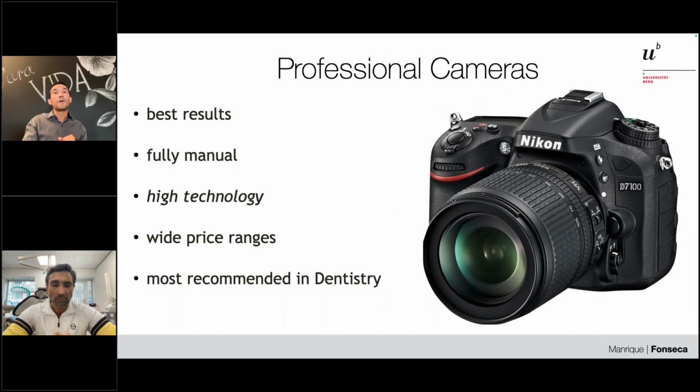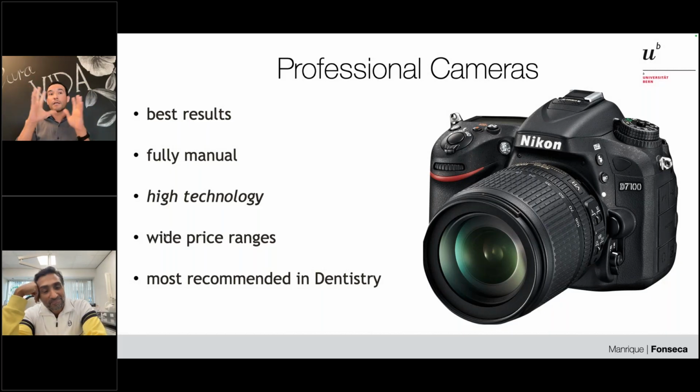The best ones are professional cameras. And there we have a wide range of models with different prices. You can have simple ones from around $500 up to the professional ones, the most expensive ones, the best ones.